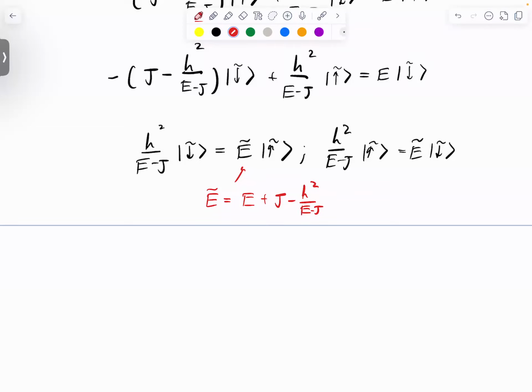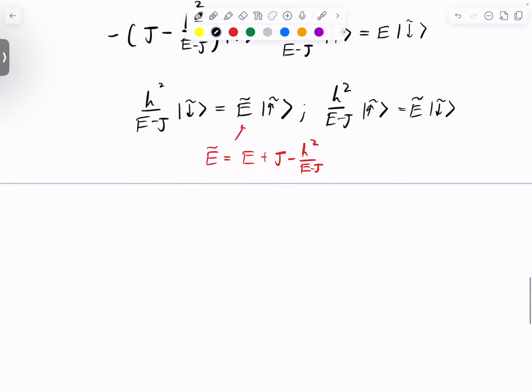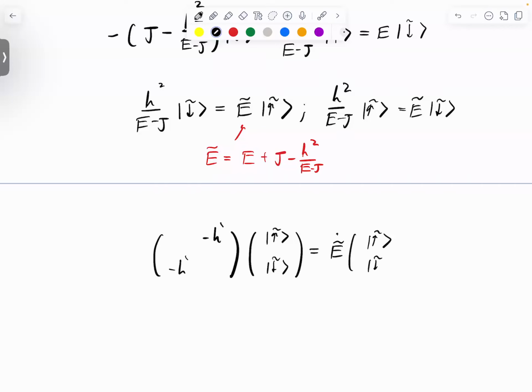And the structure of this Hamiltonian is basically something like: we get minus H tag, minus H tag, up tilde, down tilde is equal to E tilde, up tilde, down tilde.